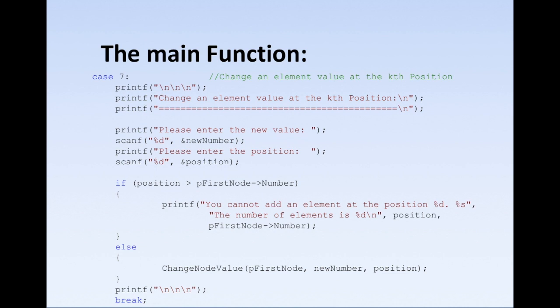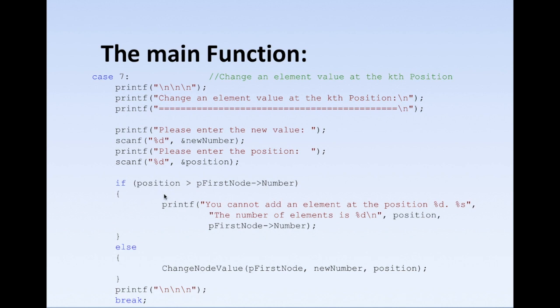Case 7, if you want to change an element value at the kth position, again we take the new number that you want to change it to and the position at which to change it, and then we have to make sure that this position actually exists in my linked list. So we check that the position is not greater than the number stored in the first node, which is the number of elements in the linked list.